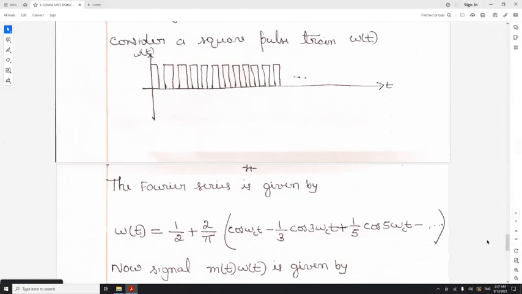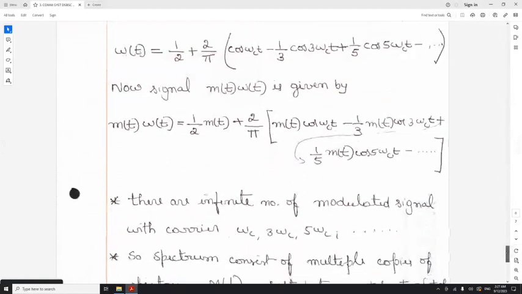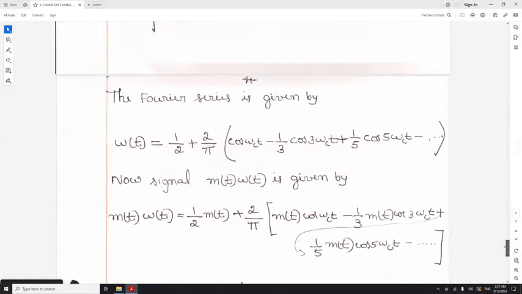Now, let us consider that periodic wave as a square wave pulse train. I hope that you are able to apply Fourier series for this and represent this signal in the form of Fourier series. Yes or no? You can do it, right? Fourier series expansion is what you are studying in signals and systems. I have already done it, so I can represent the square pulse train.